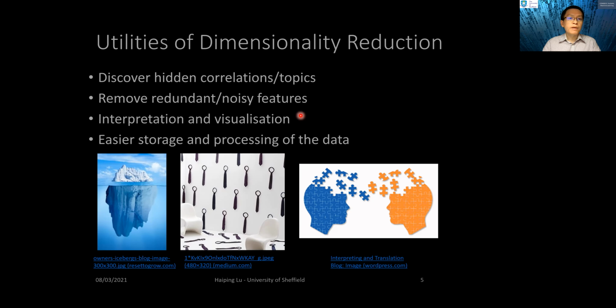And finally, it can provide easier storage and processing of the data due to the lower dimension that has been learned.